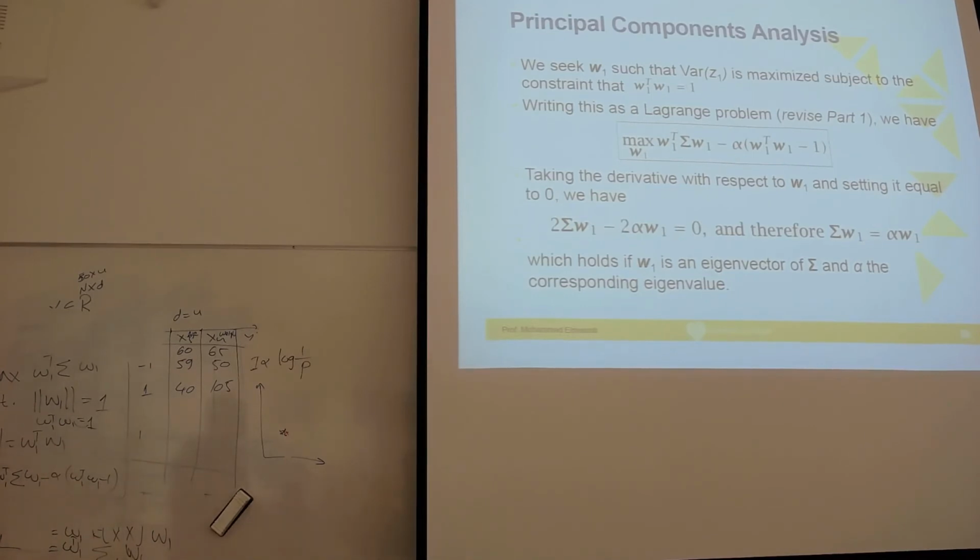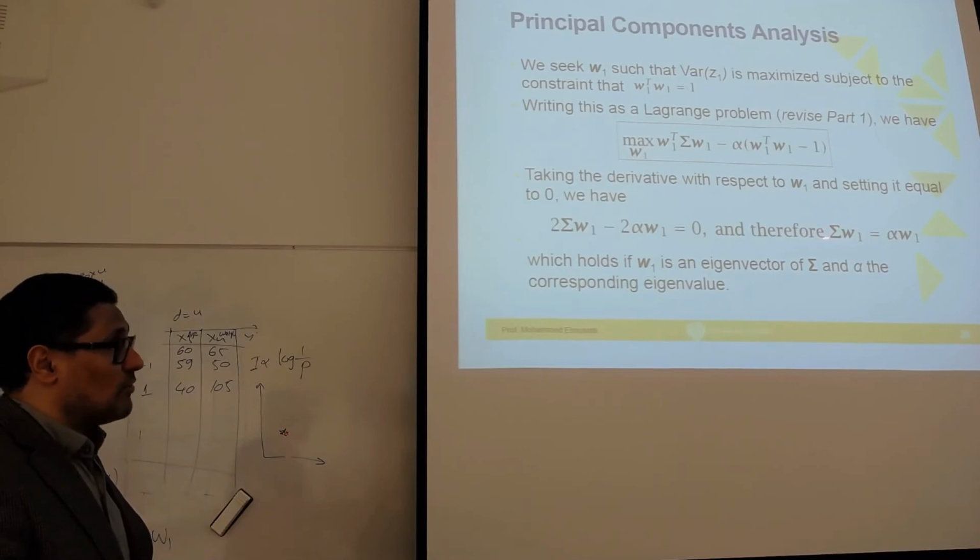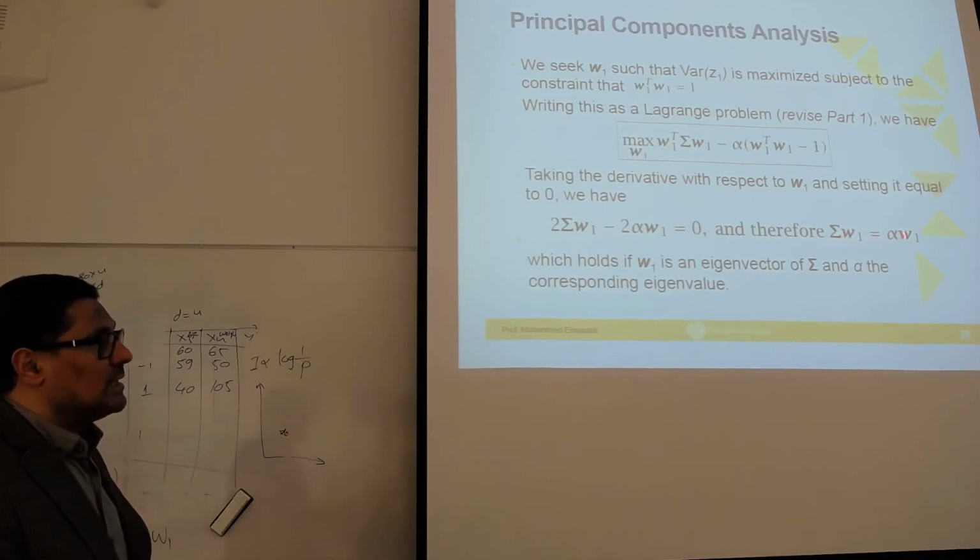As we saw, maximization means taking the derivative of this scalar with respect to the vector W1, and we explained in part 2 how to do the differentiation. Differentiating this, we get the result that the covariance Z times vector W1 should be alpha times W1.